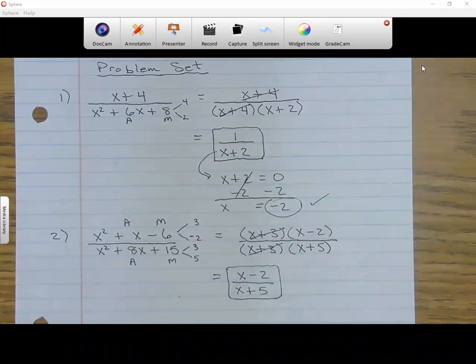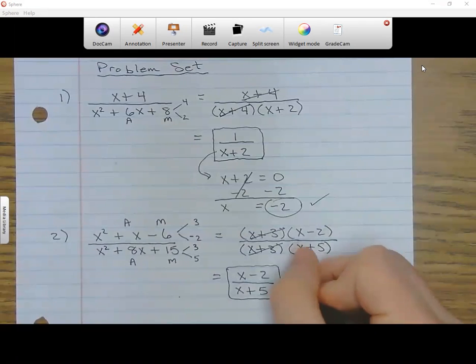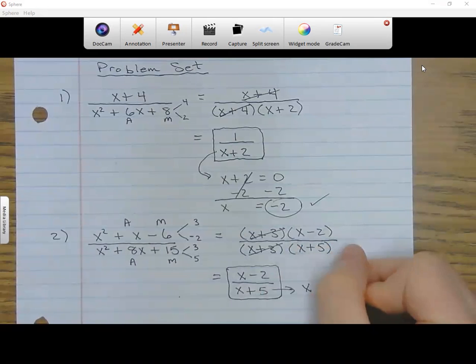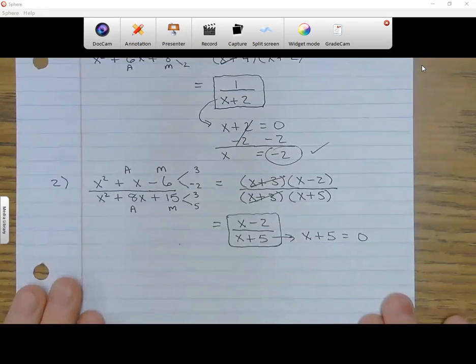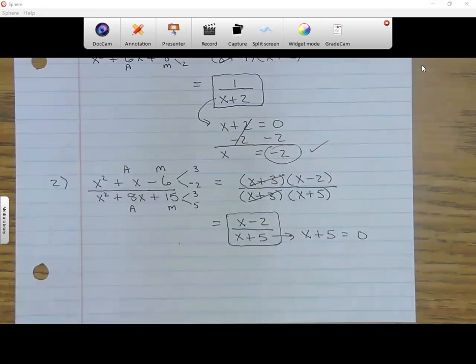So now what I'm going to do is set the bottom equal to 0. So I get x plus 5 equals 0. All right, so at this point, I need to solve for x. I've got plus 5 on this side. I want to get rid of that. So I need to do the opposite on both sides. I need to subtract 5 from both sides.